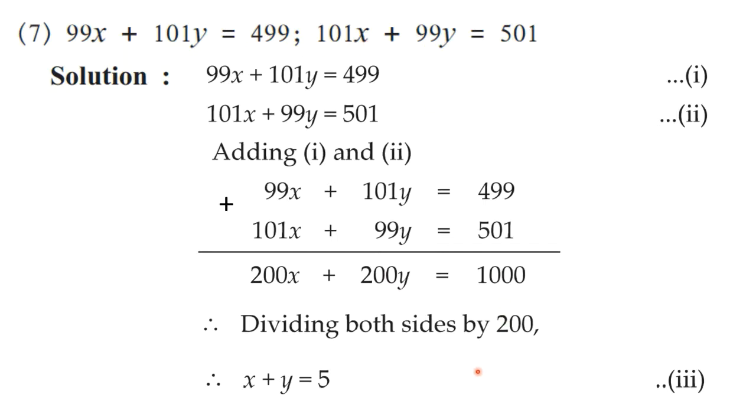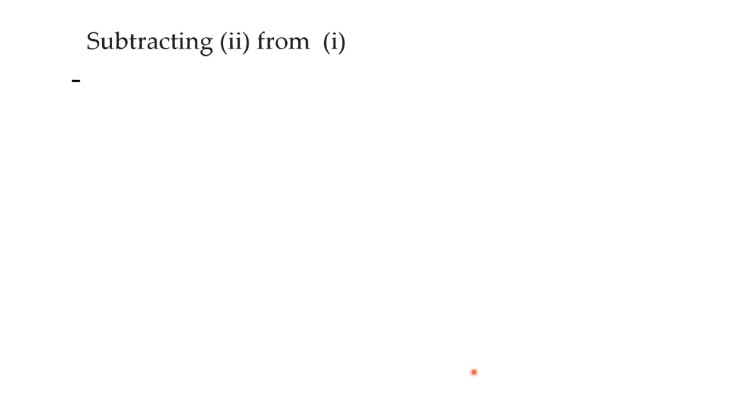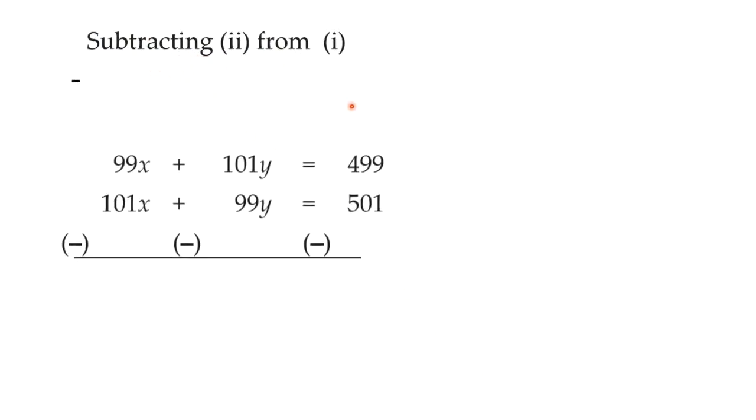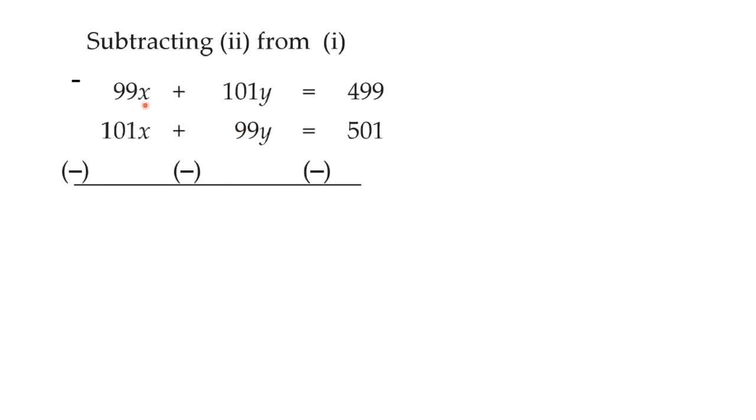Here, equation 1 is written on top, 99x plus 101y is equal to 499, and the second equation is written below. This minus sign stands for subtraction. When we subtract, we have to change the sign of each and every term. As I have said, you can do this subtraction in any order.